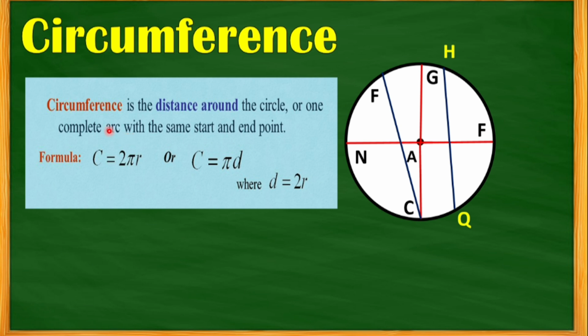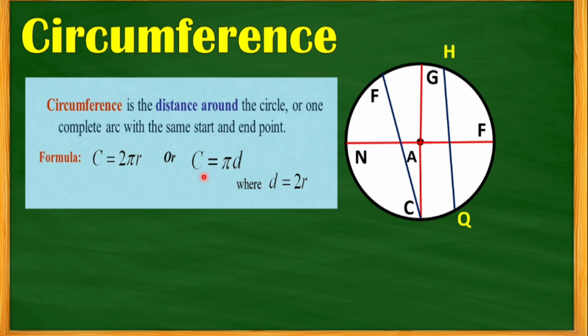In computing the circumference, this would be the formula. C is for circumference, 2 pi r. The value of pi is 3.14 as an assumed value, and the radius depends upon the given value.